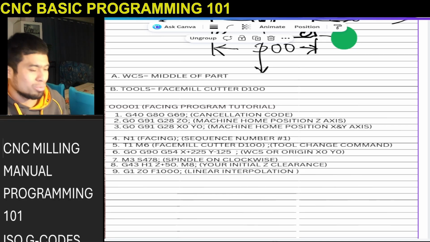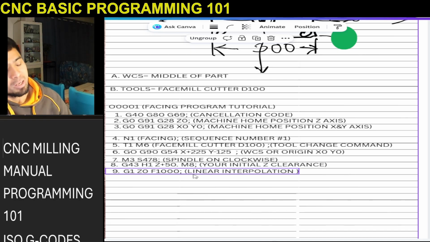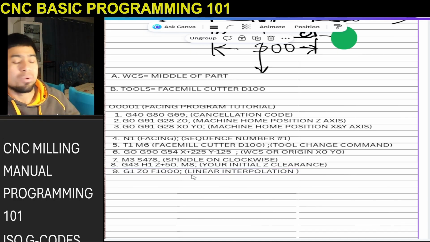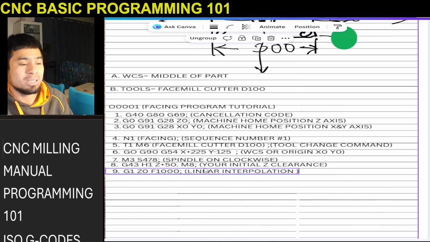But I don't want to emphasize more on that one because our next block, that's where we are going to discuss how to calculate or to get the proper feed rate for your specific tool or your cutter.